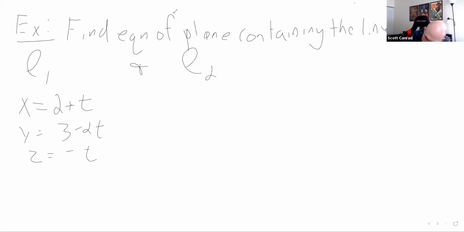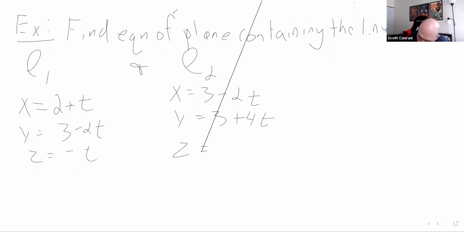And L2 is the line given by the equations x is equal to 3 minus 2t, y is equal to 3 plus 4t, z is equal to 1 plus 2t.